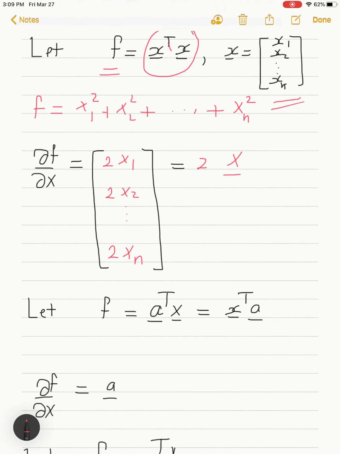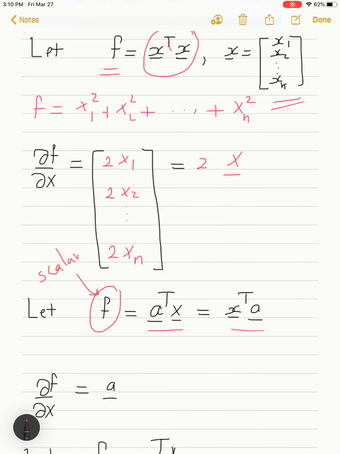If I would like to differentiate the function f, which is a transpose x, or similarly x transpose a, since f is a scalar, then as we mentioned before, the transpose of a scalar is the same scalar, so these two quantities are actually the same.